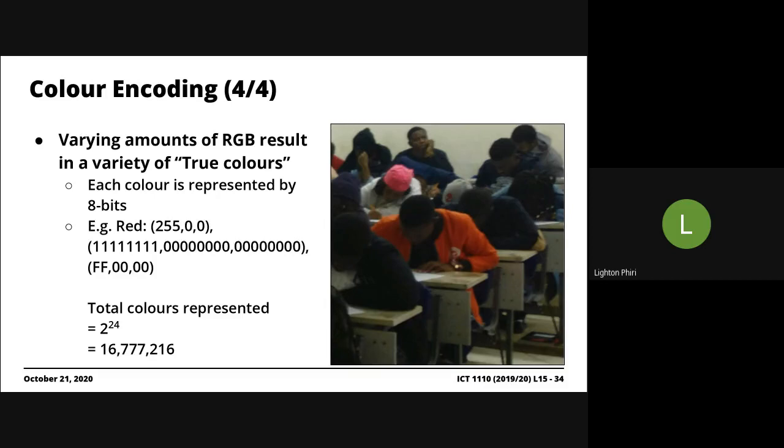If we're using 8-bit representation, each of these individual colors is represented using 8 bits. Cumulatively, you're playing around with 24 bits. So depending on how you vary these 24 bits, you will get red, blue, green, or anything in between by combining the different colors. And we see this in so many different places.